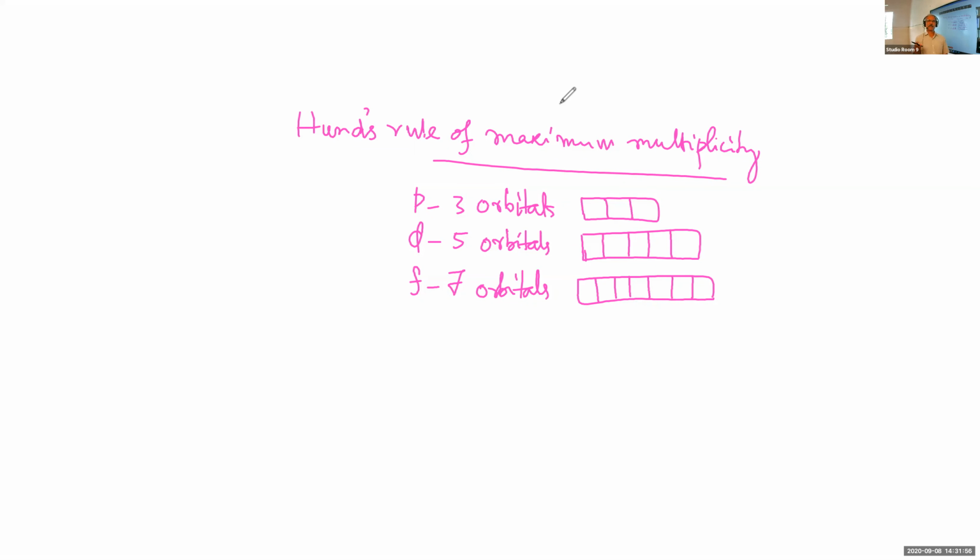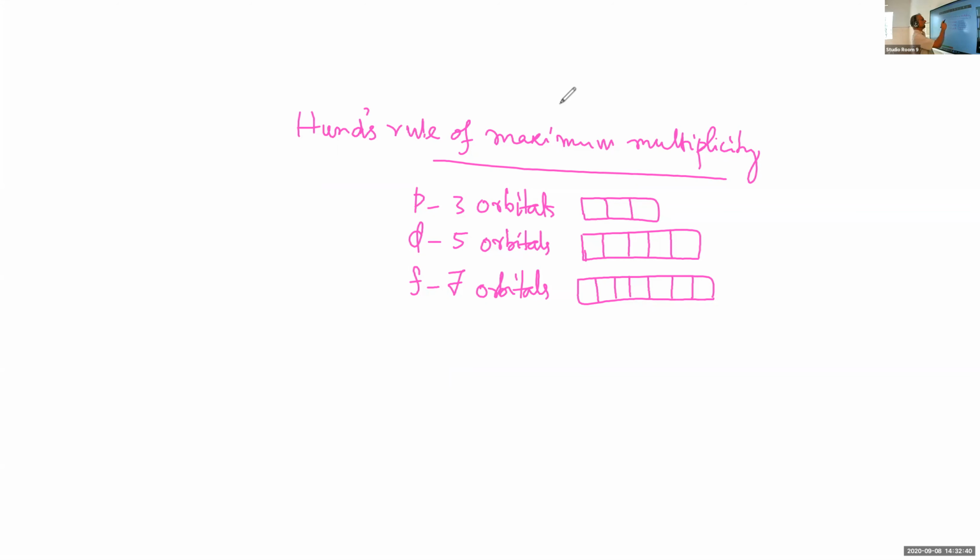But the spin quantum numbers will be either plus half or minus half for the 2 electrons. If the 2 electrons are paired in an orbital, their spin quantum numbers should be different.